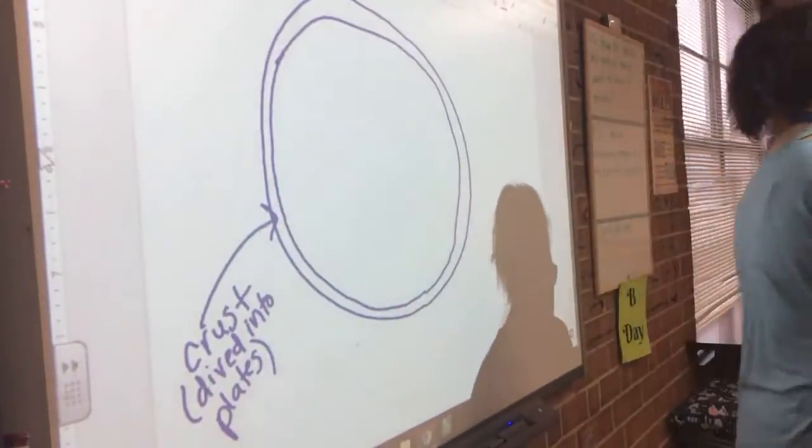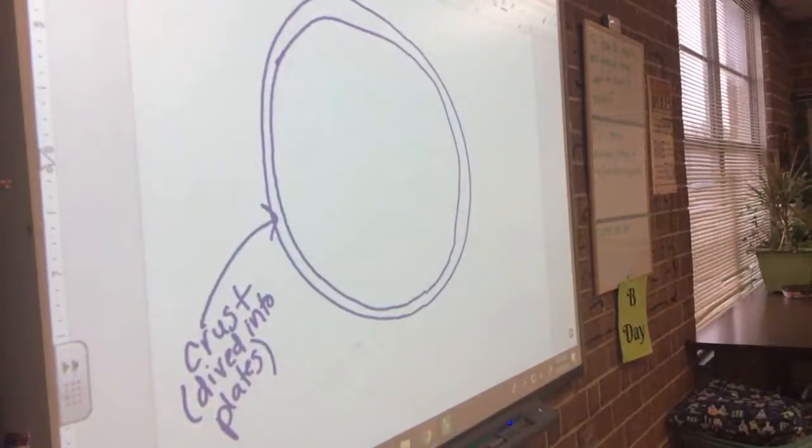Now the way I've drawn it up here, it just looks like one big chunk, but remember that the crust is divided into plates, dozens and dozens of plates. It's like a big giant puzzle floating on top of liquid rock.